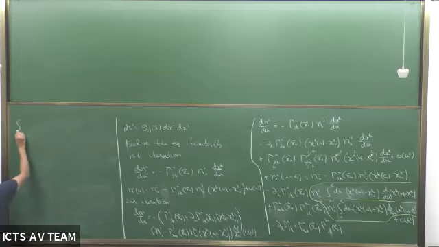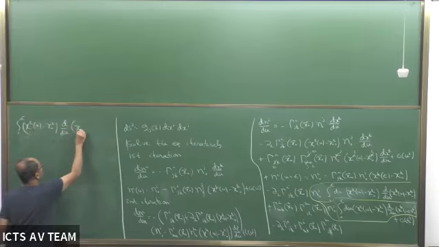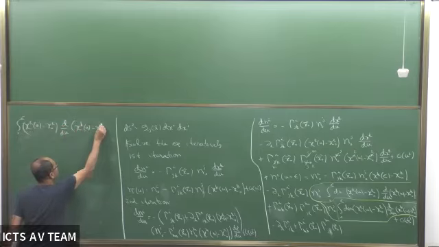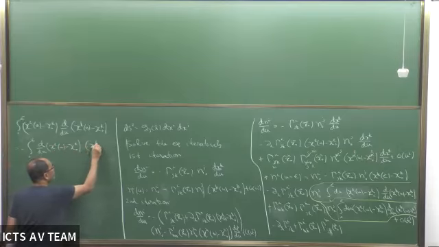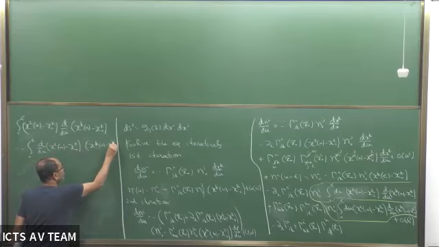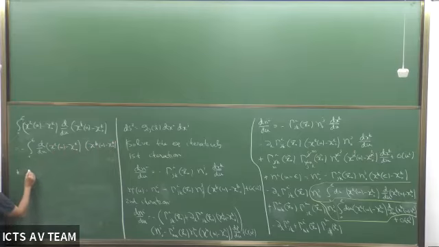So integral 0 to epsilon, which I can write as minus integral plus the whole thing, sum of this evaluated at u equal to epsilon and at u equal to 0.